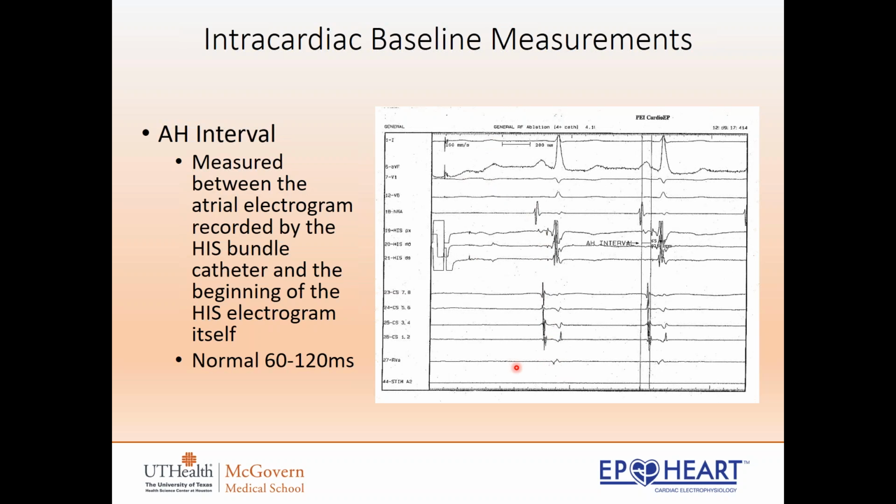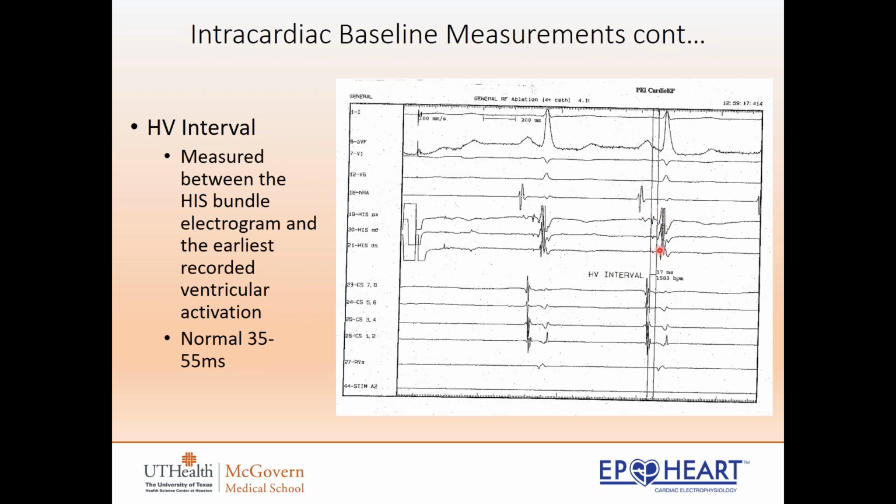It's important for us when we're looking at AV blocks to measure this His area. We look at the measurement between the atrium and the His signal, the AH. That's the time it takes to go from the SA node to the AV node, and sometimes that can be delayed. So if you have a long PR interval, first degree AV block, we can decide in the lab whether it is above the node or below the node by measuring the AH interval and this HV interval.